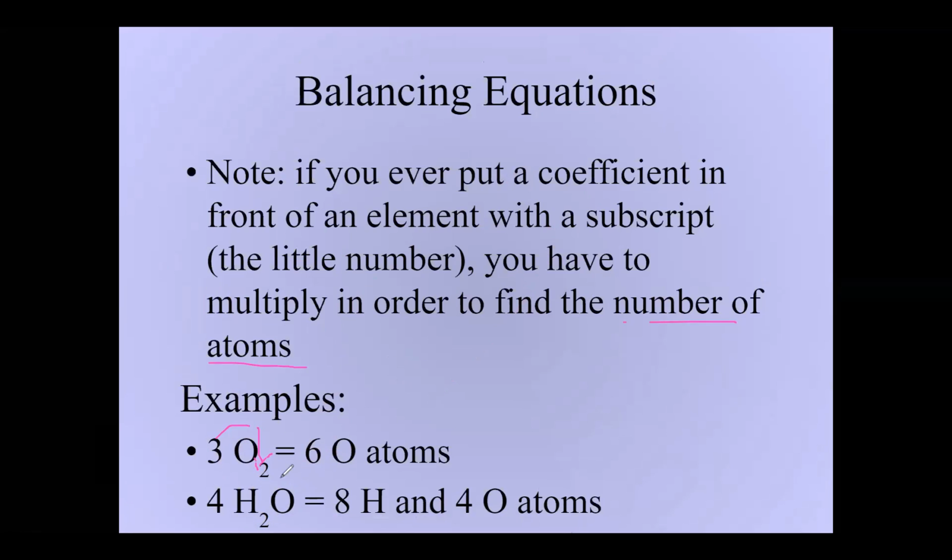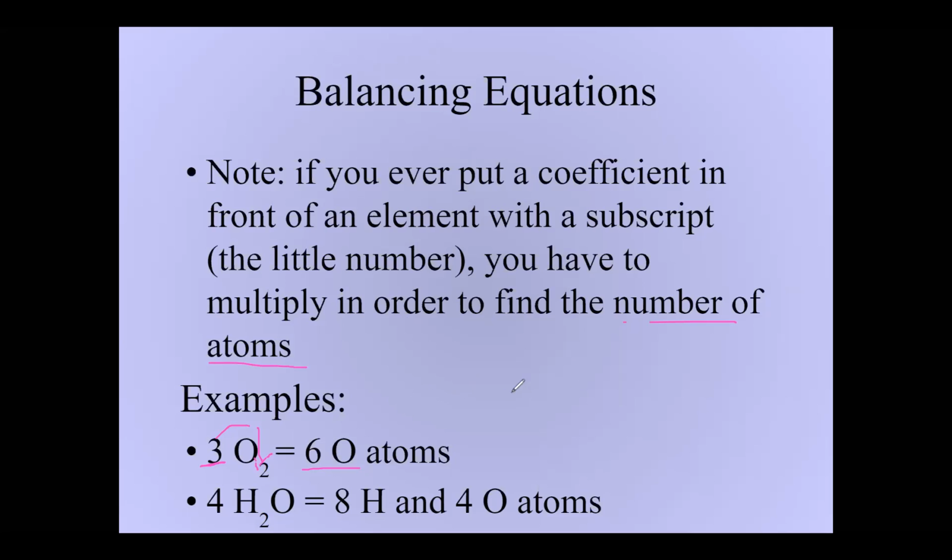So if we change the coefficient of this O2 to be 3, then we would do 3 times 2 gives us 6 O atoms, 6 oxygen atoms.